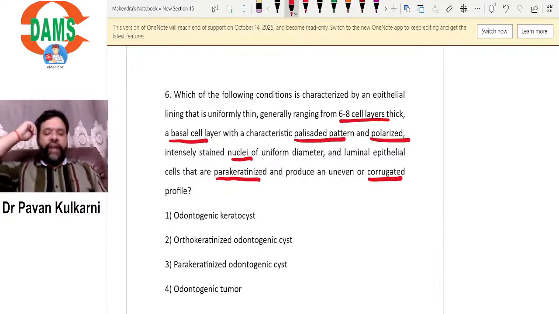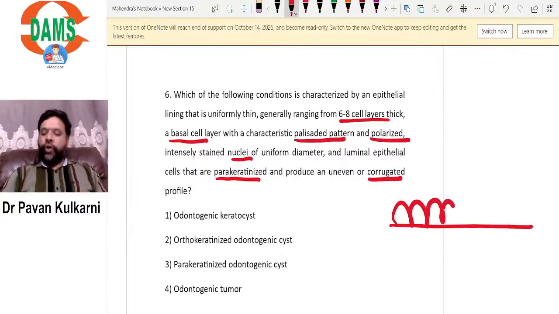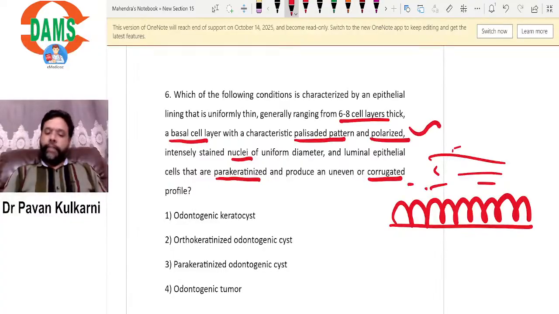If I compile all these things, there are tall columnar basal cells, there are 6 to 8 layers, and there is parakeratin corrugation. These basal cells have palisading nuclei. This is a characteristic feature of OKC.